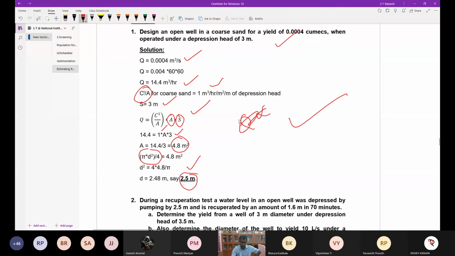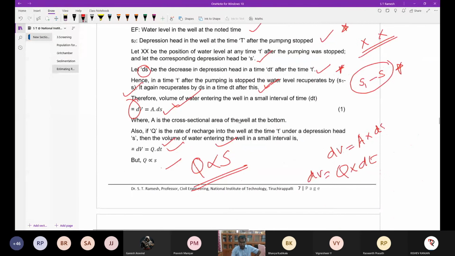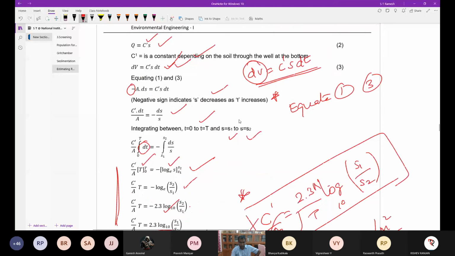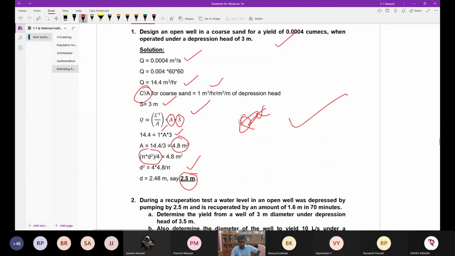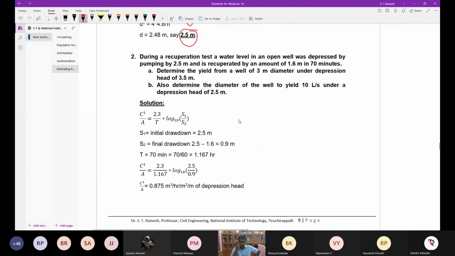Very simple, a direct formula to calculate using the first one, the pumping test. And the second one is by recuperating test. Read the problem. During a recuperation test, water level in an open well was depressed by pumping by 2.5 meter and is again recuperated by an amount of 1.6 meter in 70 minutes.